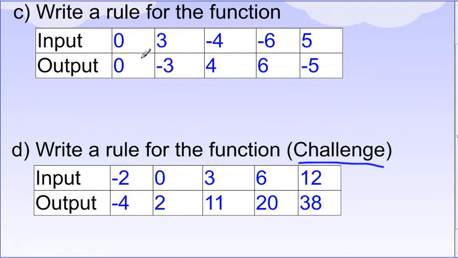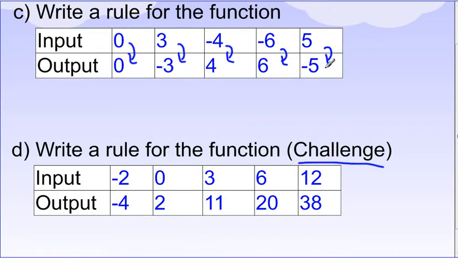But letter C we have, let's see. Well, nothing changed there. Here my sign changed. It went from a positive 3 to a negative 3. Okay, so the sign is changing. So how do you change the sign of a number? I mean, how do you make it go from positive to negative or negative to positive?